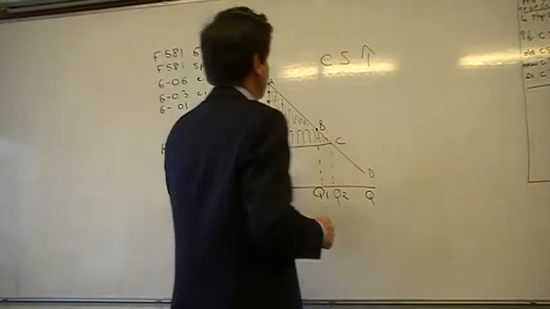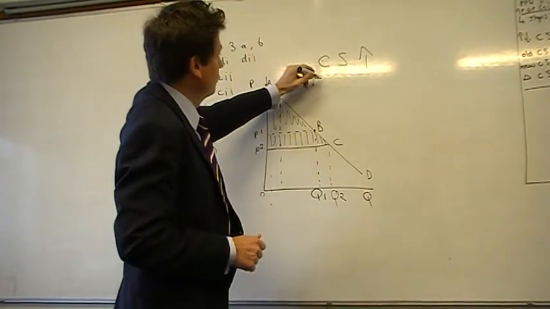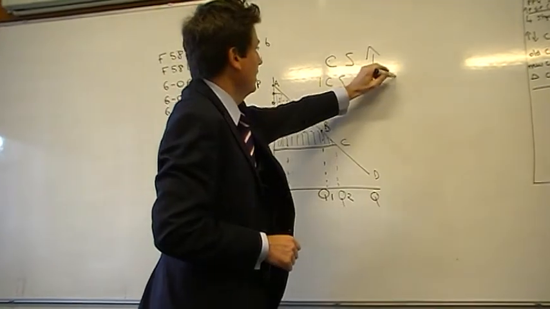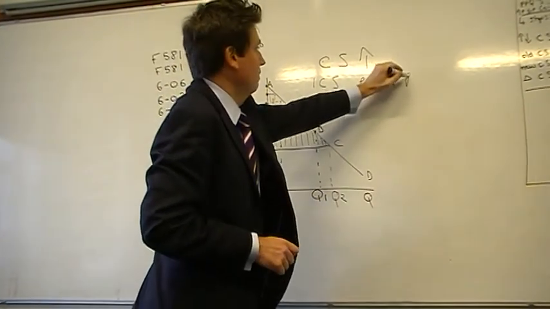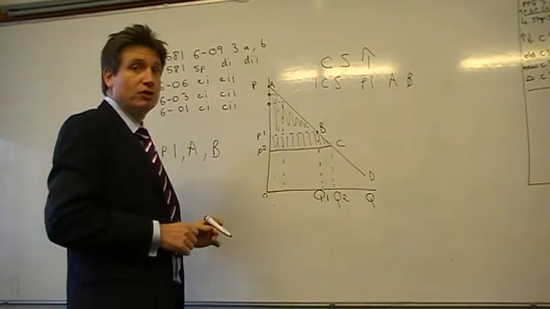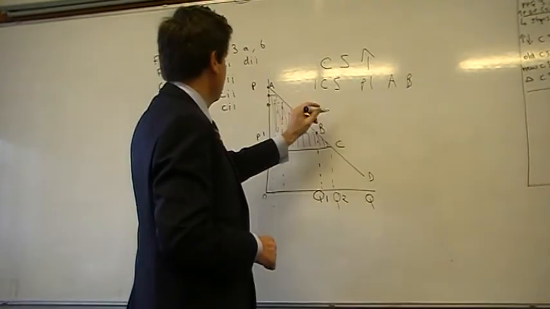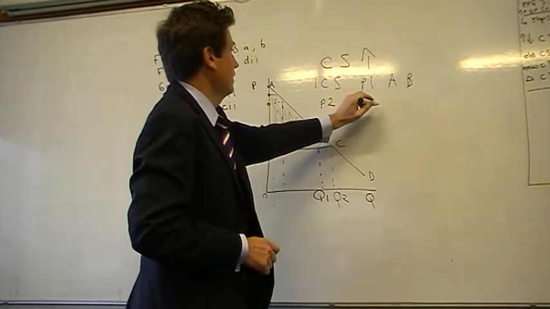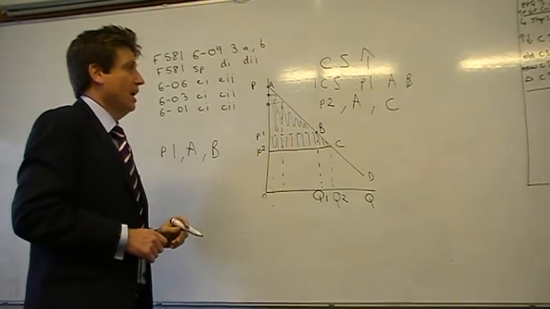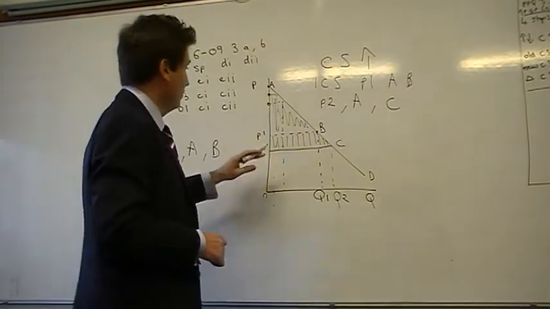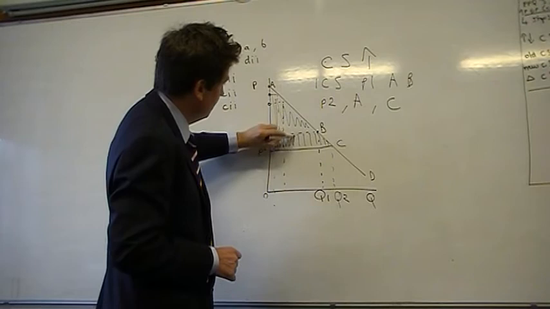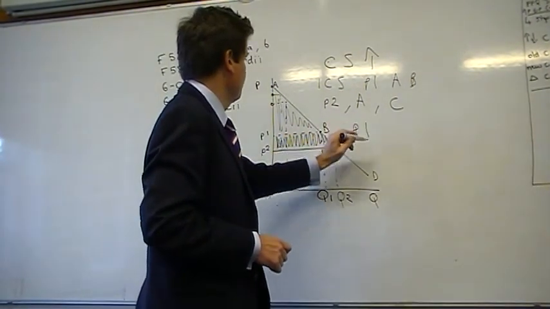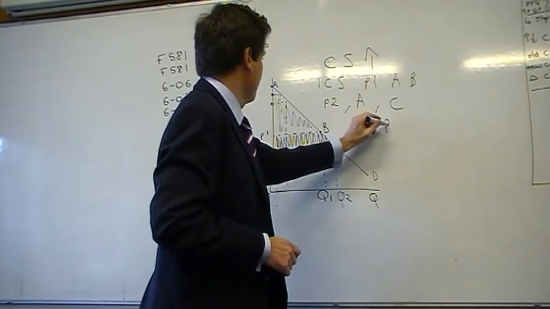Initial consumer surplus was the area P1, A, B. New consumer surplus is P2, A, C. And the addition, therefore, to consumer surplus was this area here. And that is P1, B, C, P2.